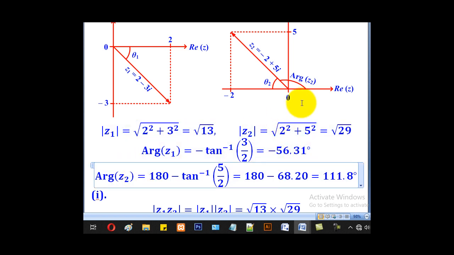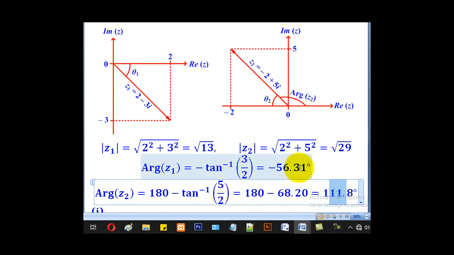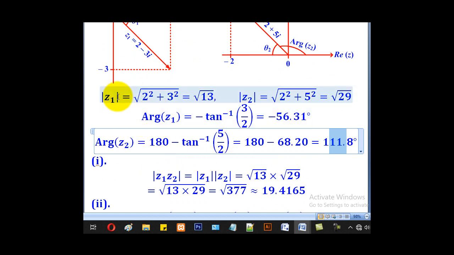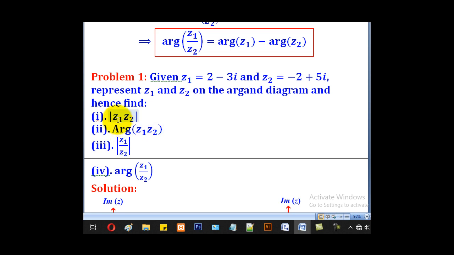For z2 it is positive because it is going in the anti-clockwise direction: 180 minus arctan 5 over 2, which gives 111.8.